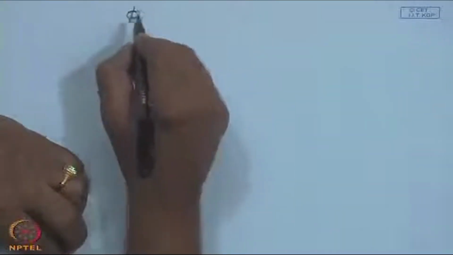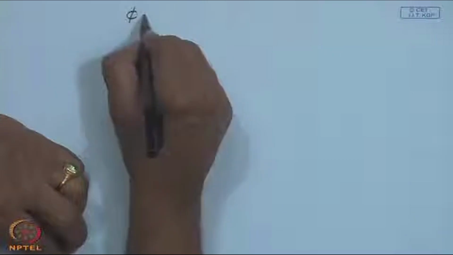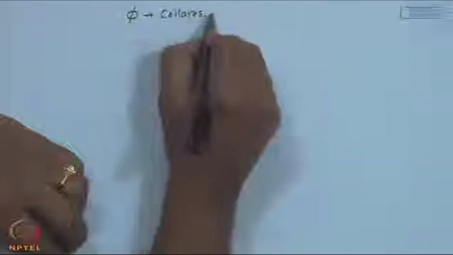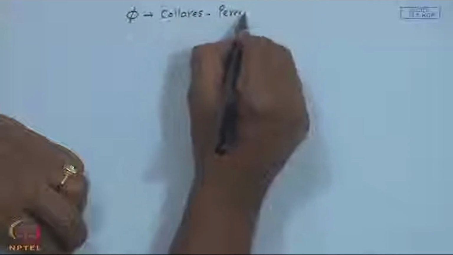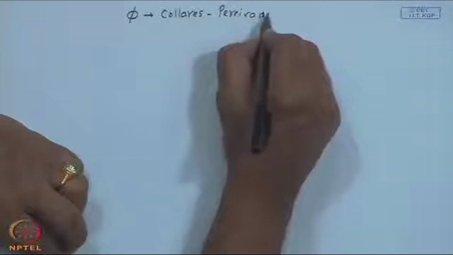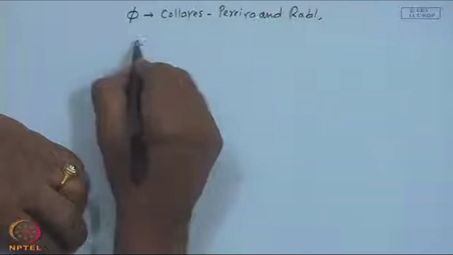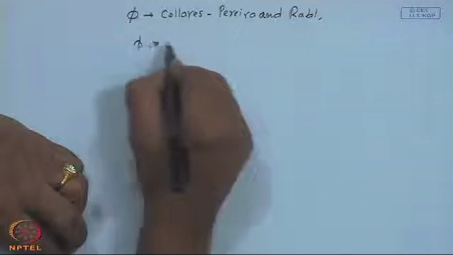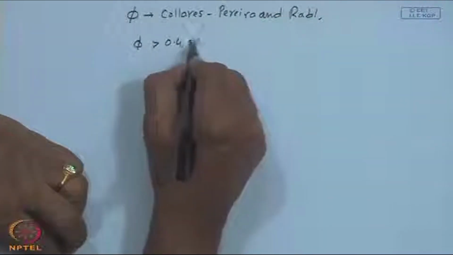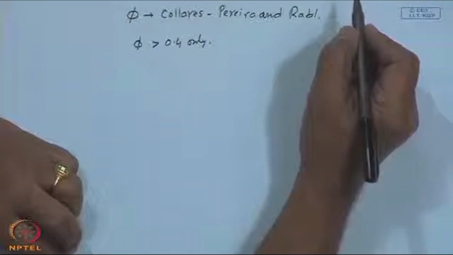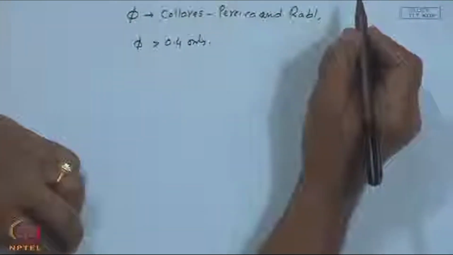However, that is restricted to when the monthly average utilizability, he calls it a phi, slightly different definition, is valid for phi greater than 0.4 only. In other words, at low utilizabilities, the correlation does not work well.